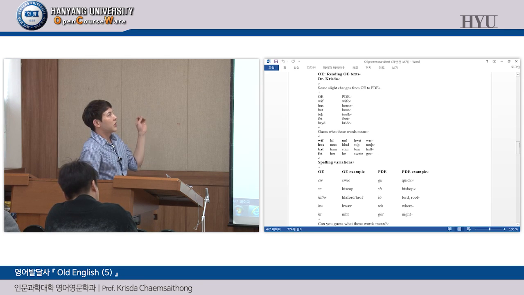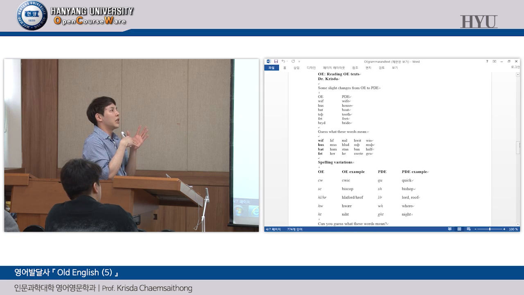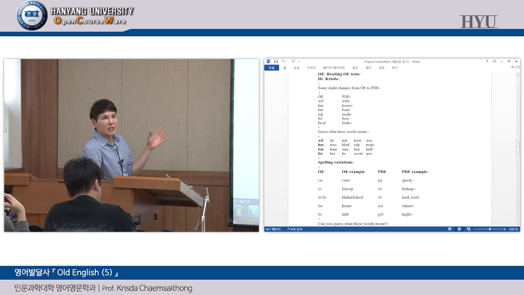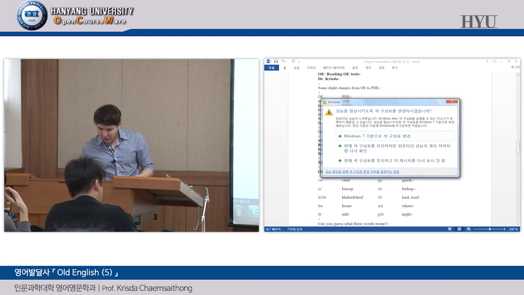Fet to feet, brid to bride, like that, okay? So we call this the great vowel shift, which happened in early modern English, which we haven't studied, of course. But you should be able to guess, right?